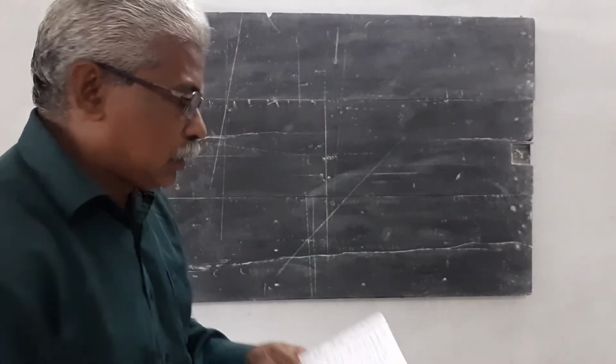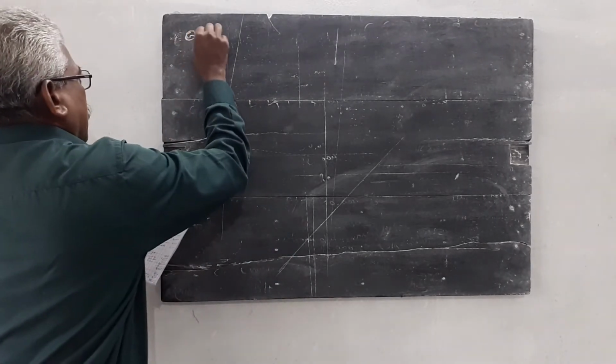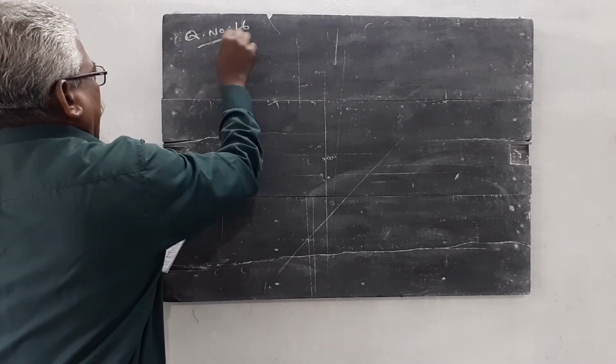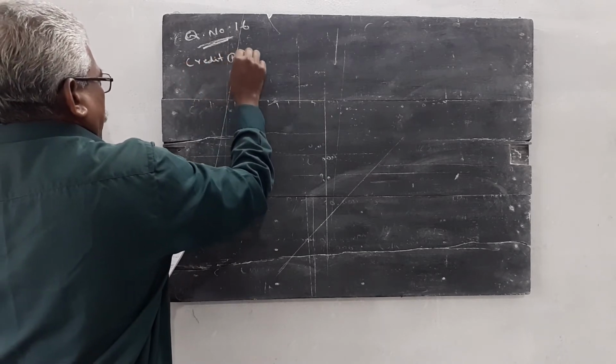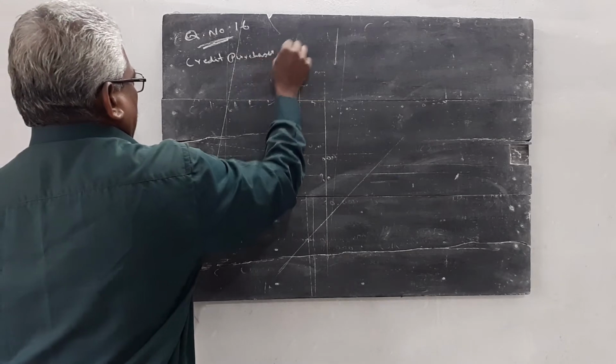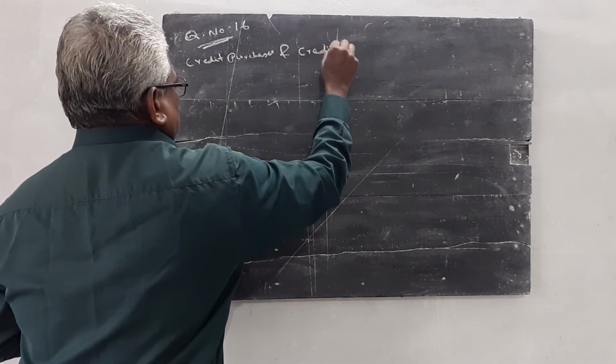Question number 16. Calculate credit purchases and credit sales.